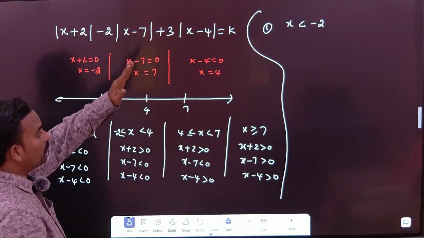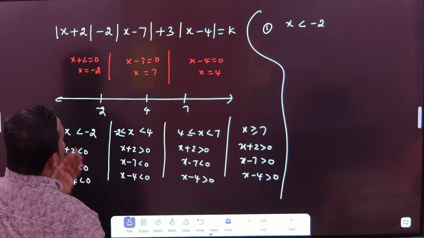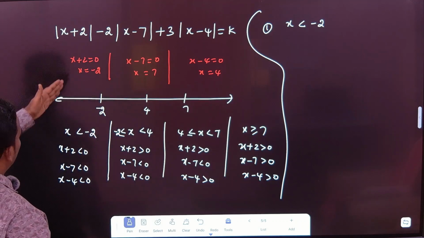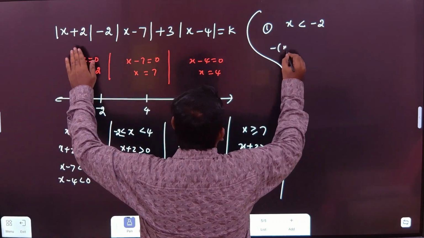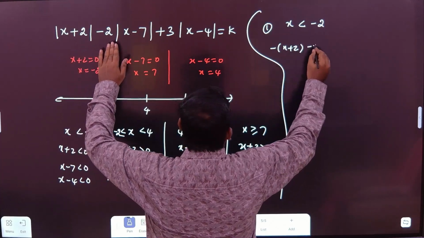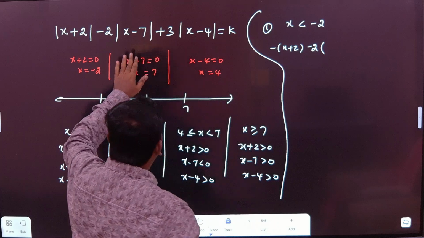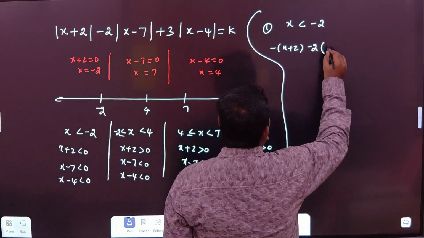First I am drawing the graph of the left side, right? You can see, students, when x is less than -2, all are negative. Then |x+2|, how to write? Minus of (x + 2). So -2 times, I will write directly minus of (x - 7), that is 7 - x, right?